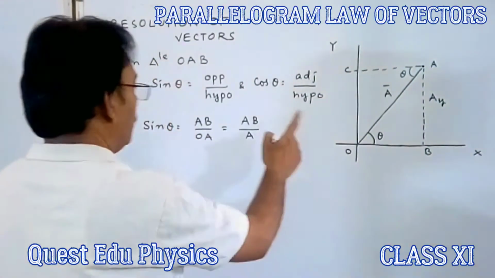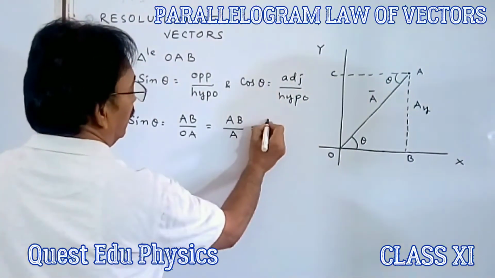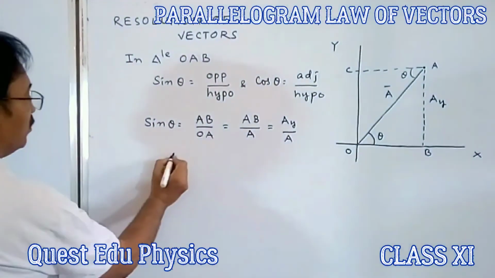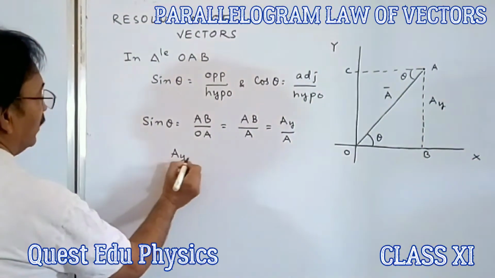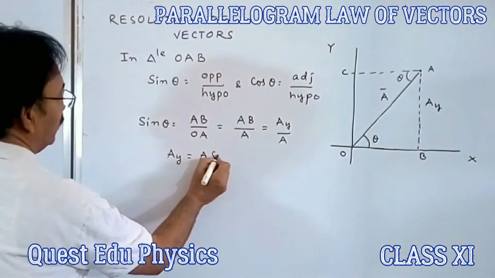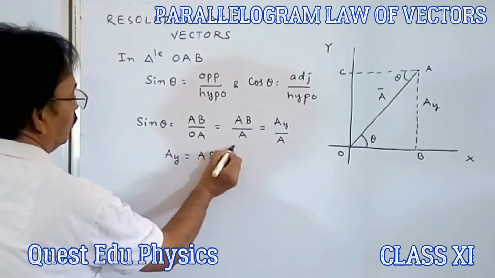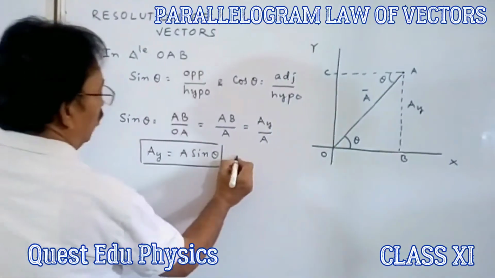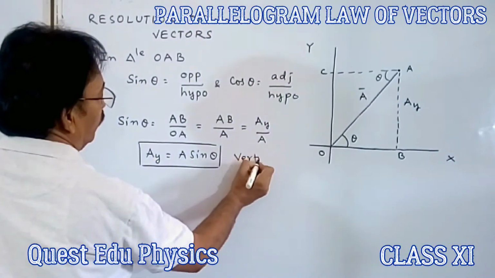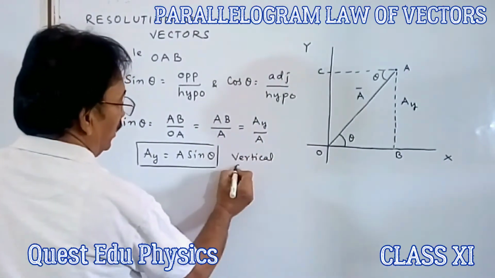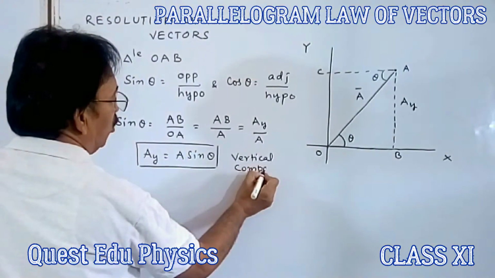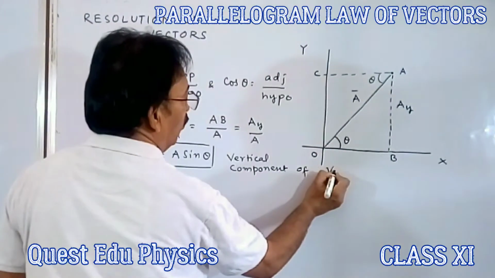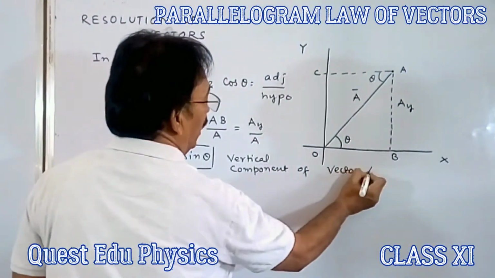Then AB can also be written as AY, so AY upon A. From this equation, we can write AY is equal to A sine theta. It is the vertical component of vector A bar.